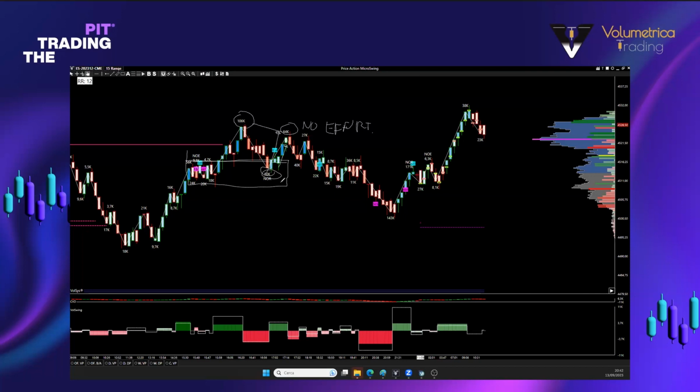But after looking at this and putting the two informations together in combination, of course, I have two clues of weakness, and therefore I have to make my trading decisions according to these informations.